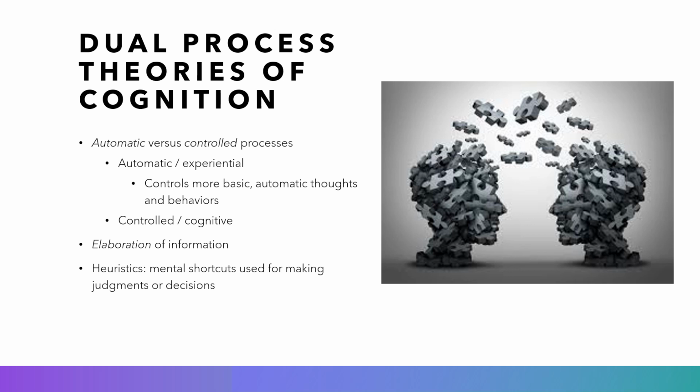So in a dual process model, we have these controlled processes that really allow us to take in a lot more information about the world and inform our understanding of the world. Our automatic processes keep us safe, but so do our controlled processes. Along these lines, we have heuristics, which are mental shortcuts used for making judgments or decisions. So again, slamming on your brakes, that's a heuristic.